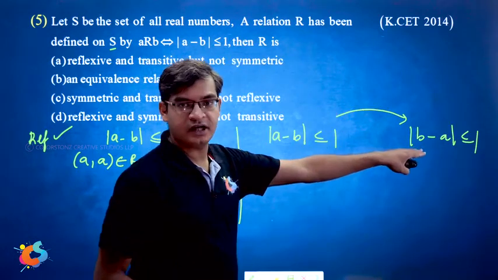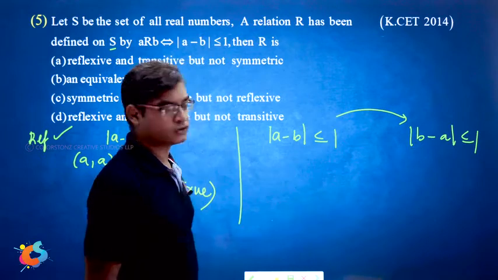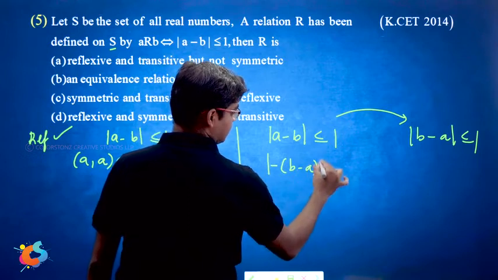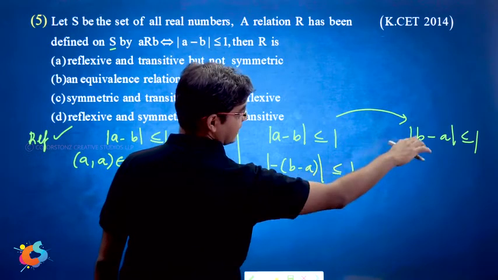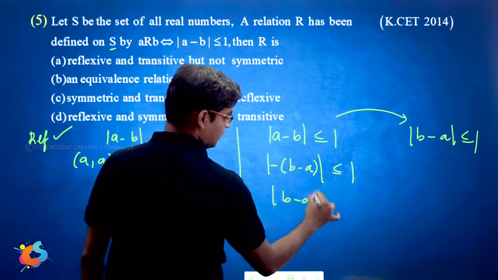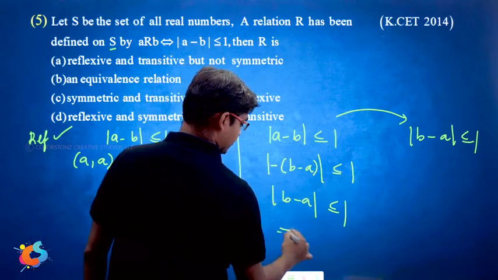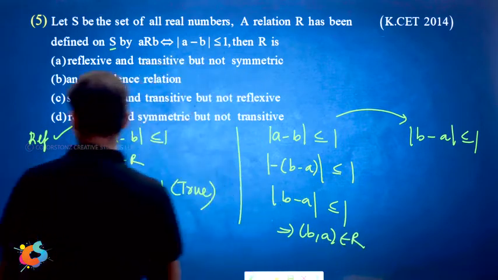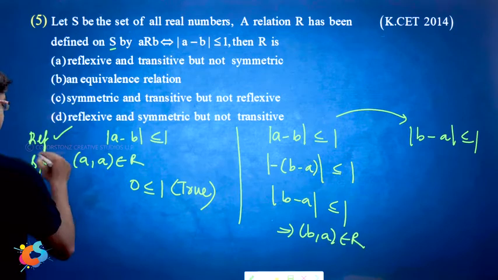This is very simple because if we take a minus sign common, we already have B minus A, and this minus sign can be removed because there is a modulus. So (B, A) belongs to R. Therefore it is symmetric.